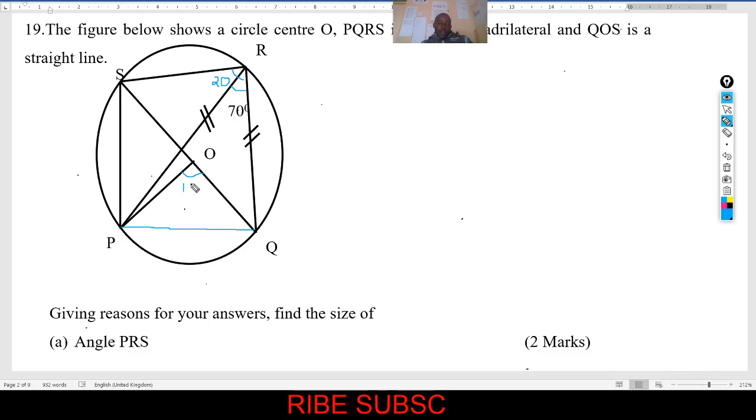So this angle is 140 degrees. There are some things you can look at before you even continue with the question. Now the question is asking that we give reasons for our answer. We find the size of... that this is a chord.